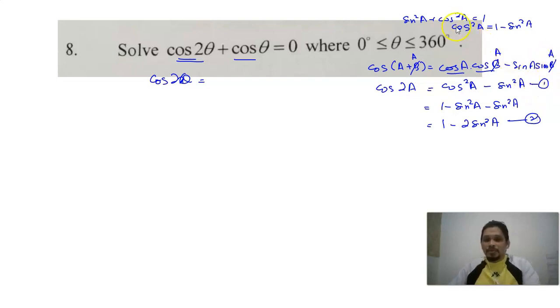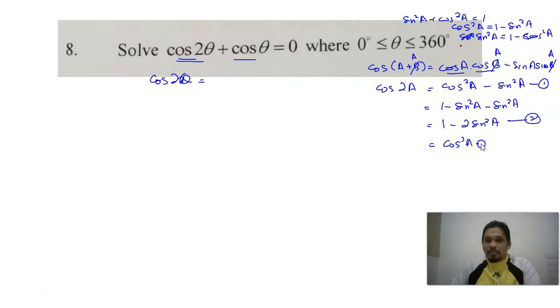And also, from these identities, we elaborate another one here, which is sin square A equal to 1 minus cos square A. Okay, so equation 1, equation 2, and from here we substitute with sin square.